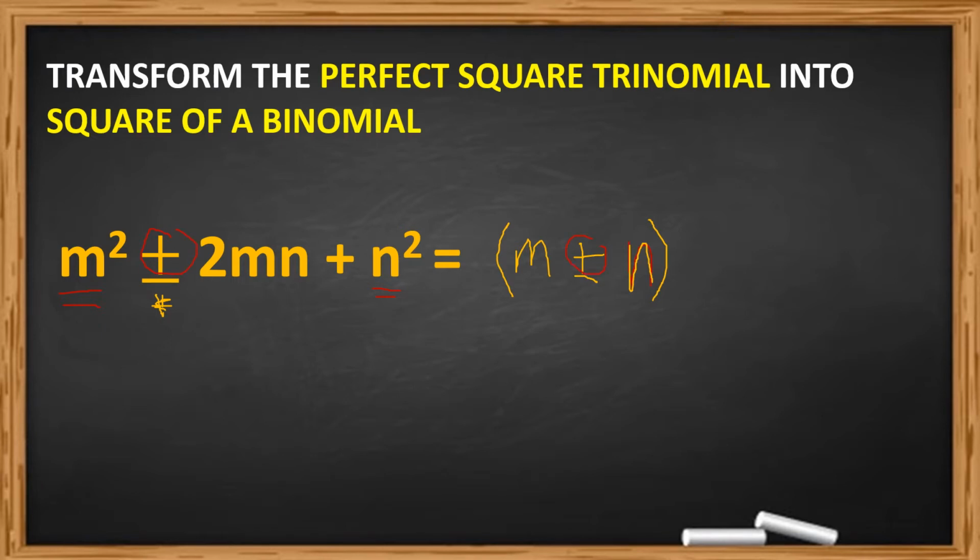If our second term is minus, then we take minus. And of course, do not forget the square here. So this is the transformation of a perfect square trinomial into a square of a binomial.